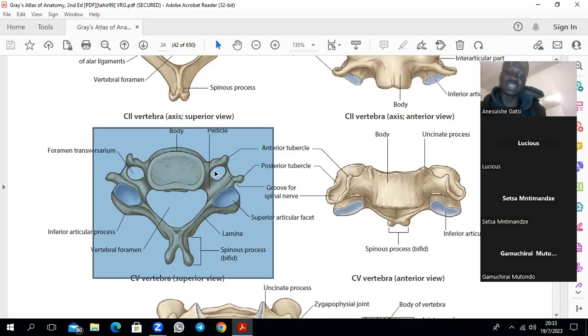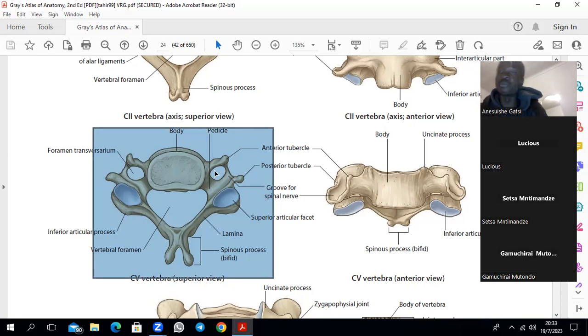Then clinicals that are associated with cervical vertebra. I talked about the carotid tubercle, which is the anterior tubercle of C6, where you can actually compress or roll the common carotid against it.